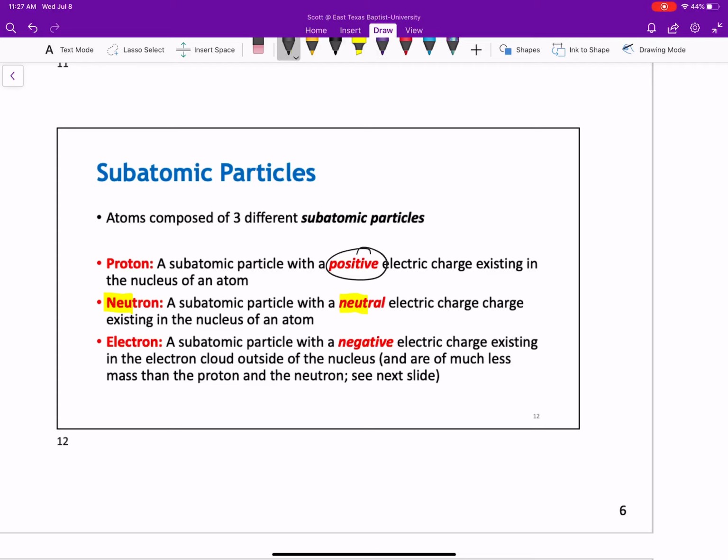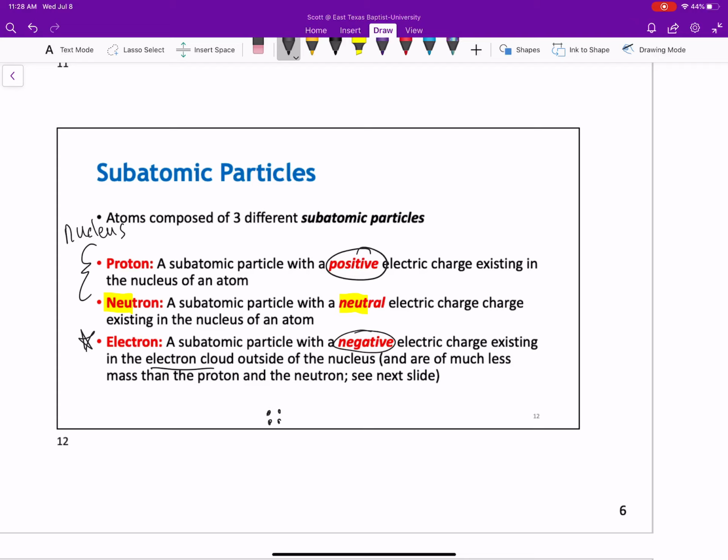Okay, and both of these are really tiny subatomic particles, meaning smaller than atoms, which actually make up atoms. These 2, protons and neutrons, you'll find in the nucleus of an atom. Okay, and they're rather large compared to the final one, electrons, which are very tiny, but they carry a negative charge. Electrons are negative and exist in the electron cloud outside of the nucleus, okay?